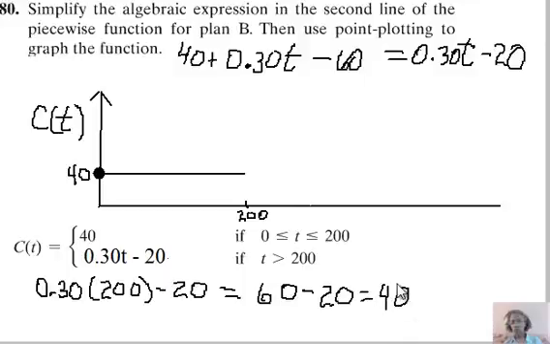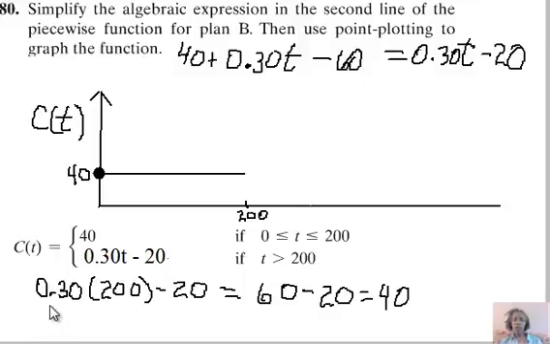So this new function connects right with the old function right here. Both functions have a value of 40 when t is 200. If the values were different, we would have a gap or a jump here. So the new function we're using for values of t bigger than 200 starts right here. There's no discontinuity, no jump or gap.